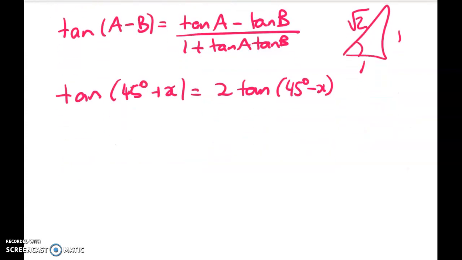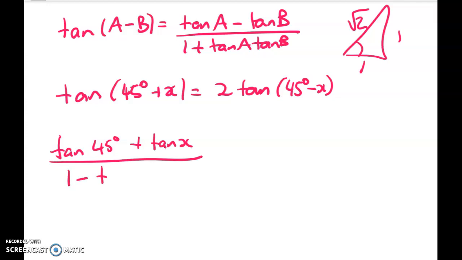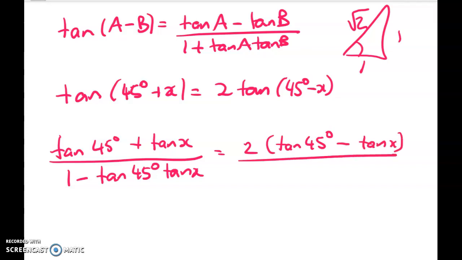On the left hand side I get this. Again, it's a show that question, so please do show that, don't just jump to the end. Some of you are definitely still doing that in your assignment work. And here we've got 2 times the identity, the compound angle.